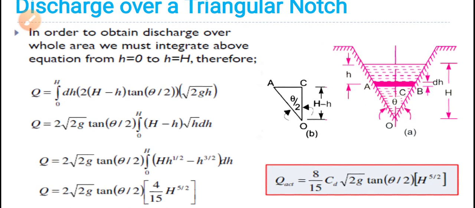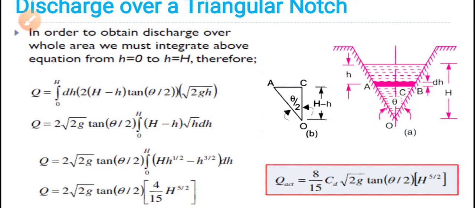Then in order to obtain the discharge over the whole area, we must integrate the above equation from h is equal to 0 to h is equal to capital H, as in the case of the rectangular notch.